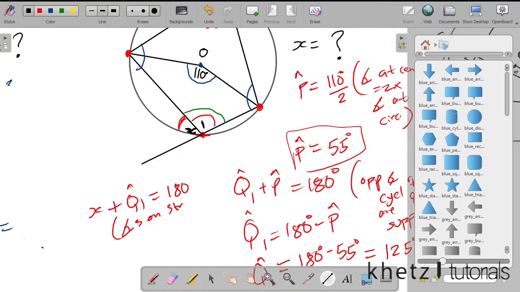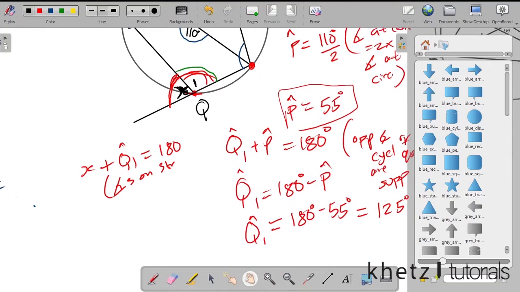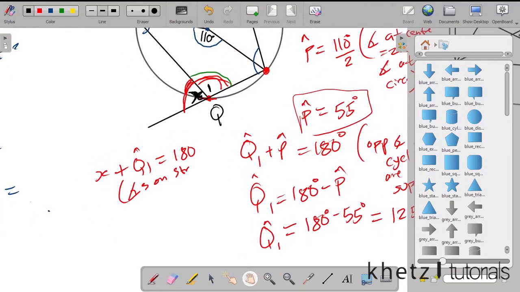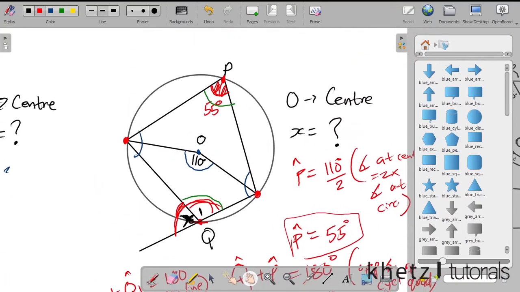So you have your X and you have something like that. So the straight line only consists of this X, which we have in our question, and our Q1. So Q1 and X equal 180 degrees, and the reason for that will be angles on a straight line. Now that I fixed the diagram, this actually applies, or this is actually true.